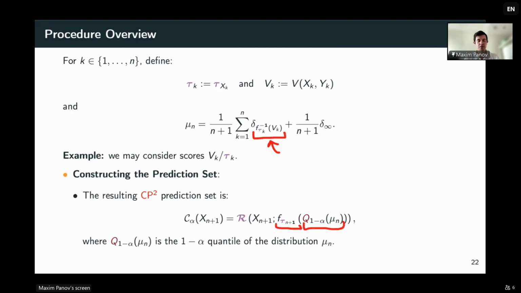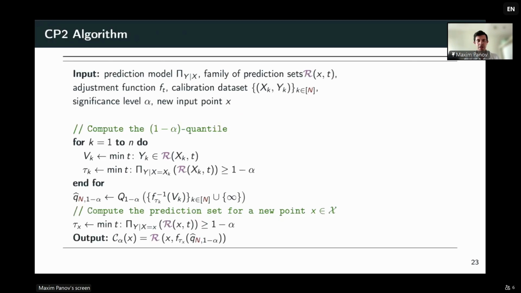Okay, so now I will repeat the idea, and I hope it will make clear what we do. We have the family of sets R, and for each point in calibration data, we compute a score, and we compute the optimal radius according to a generative model.